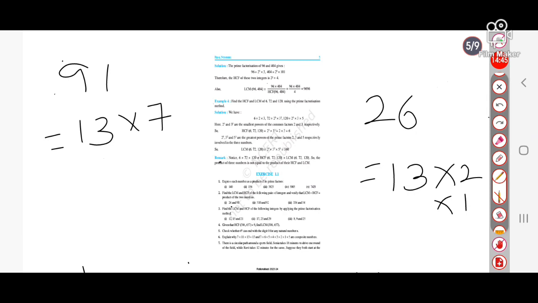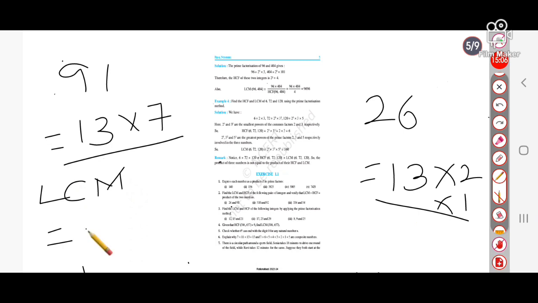One of the easiest methods, when you arrive at these two factorizations, is to write the values present: 2 into 7 into 13, where 13 is repeated twice.